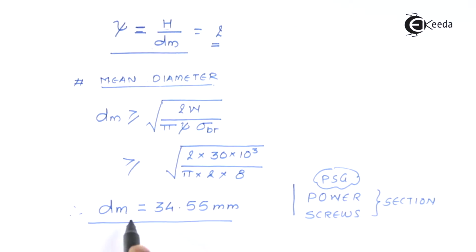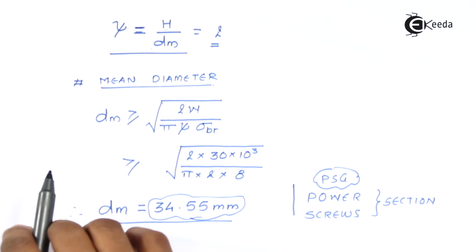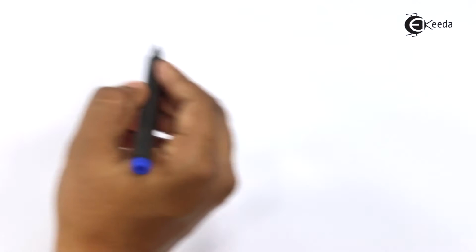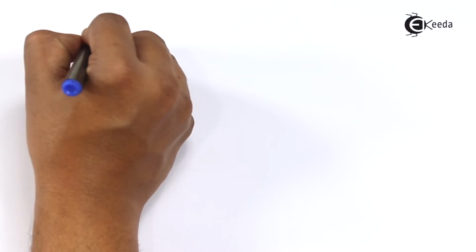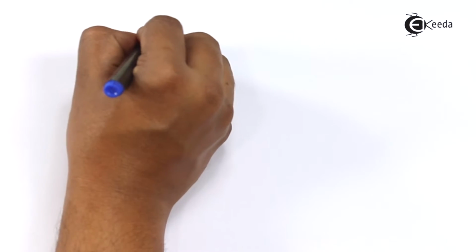So referring to the standard table which has a value similar to the mean value, that is 34.55, we will get, referring to the table, the outer diameter of this screw as 40 millimeter.